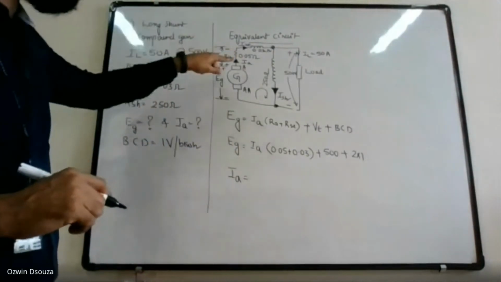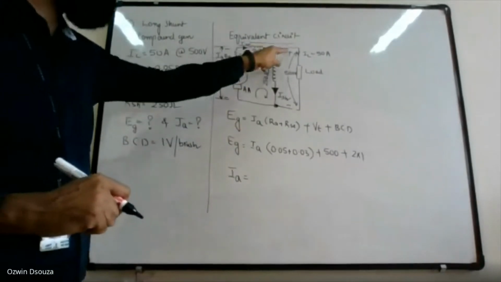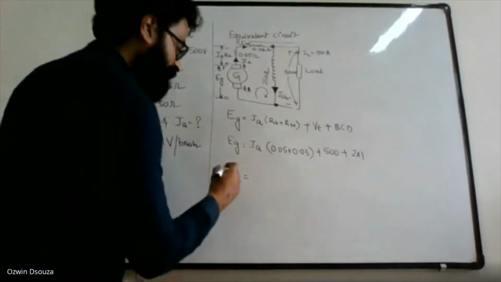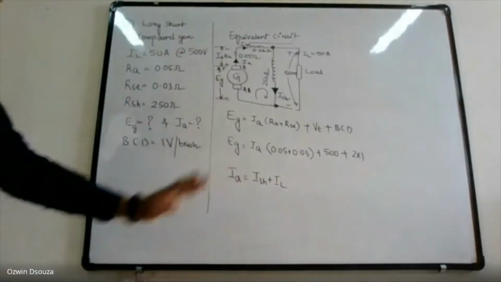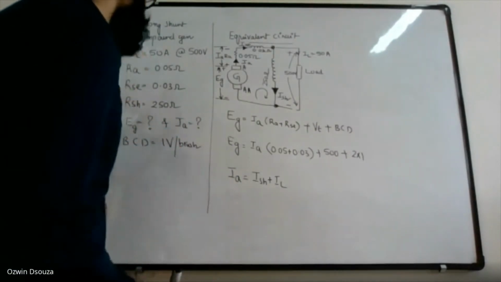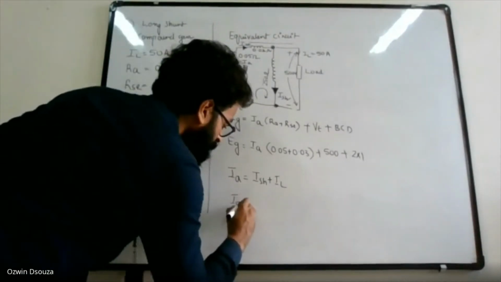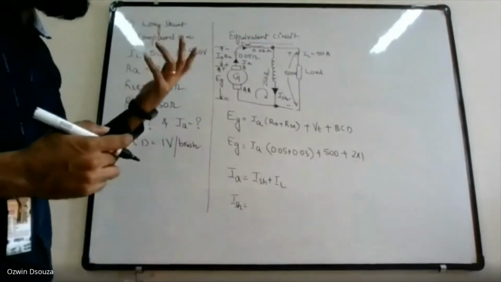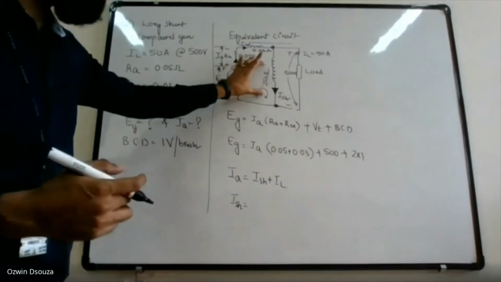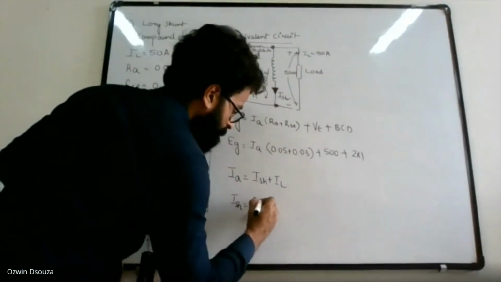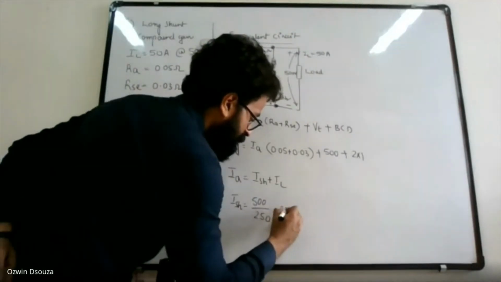Now, when you apply KCL, the incoming current is IA and the outgoing currents are ISH and IL. So IA is equal to the summation of outgoing currents ISH and IL, where IL is 50 amperes, they have given in the data, and ISH can be found using Ohm's law, voltage by resistance. Voltage across shunt field winding is 500 divided by resistance 250, so that is 2 amperes.